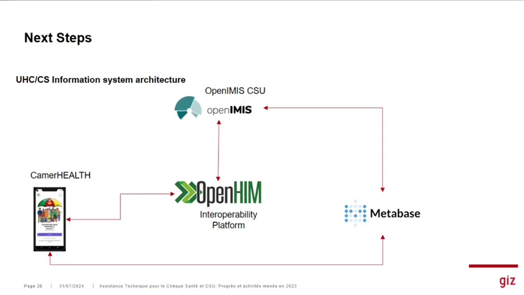Our next step is to think about putting openIMIS in the middle of all of that as an interoperability platform, so that the communication can be more efficient, and we will not have the problem we have now, where we always have to work on both systems when we have to make changes.